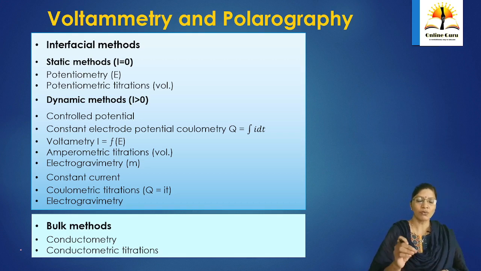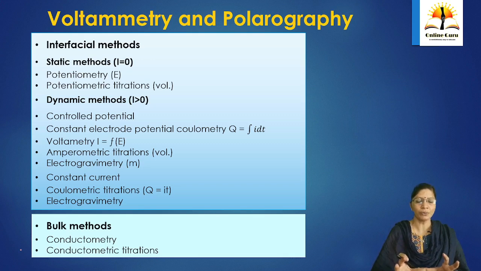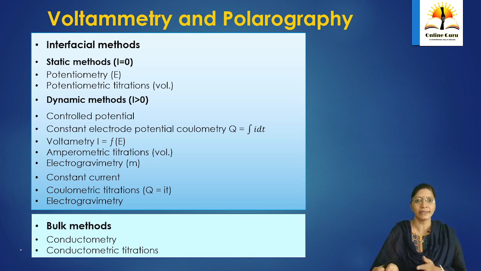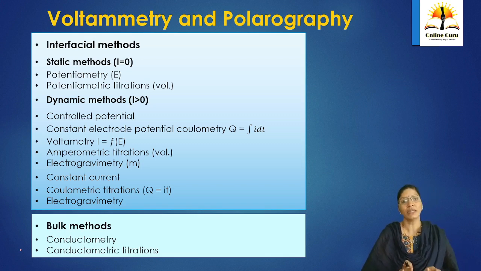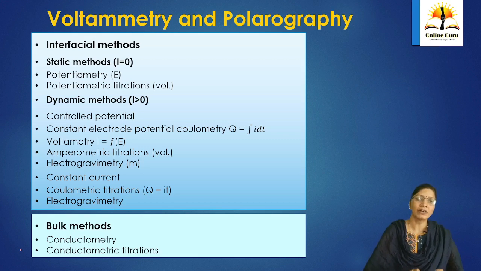What is done in this type of method? The current is controlled to 0 and we record the potential of the cell. We will learn this technique in detail in the next session. The basic requirement is that the applied current is fixed at a constant level of 0 in the potentiometric method. That is the first static method, classified under interfacial.